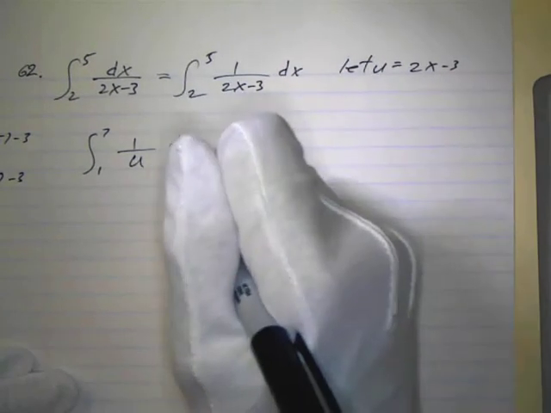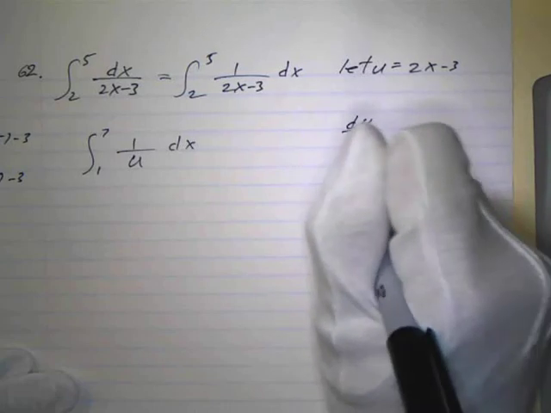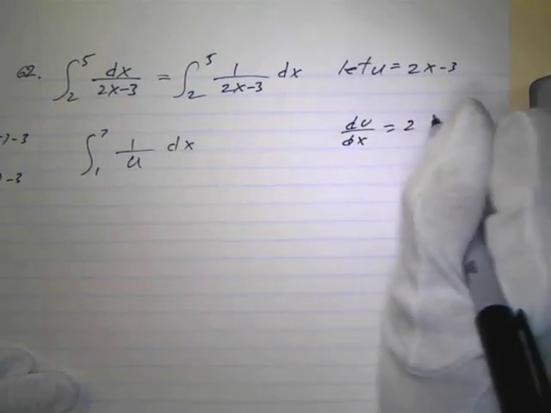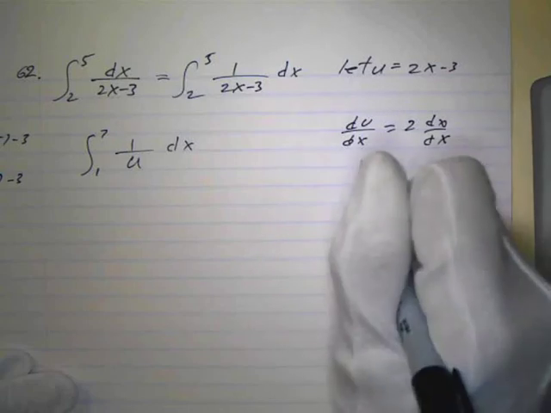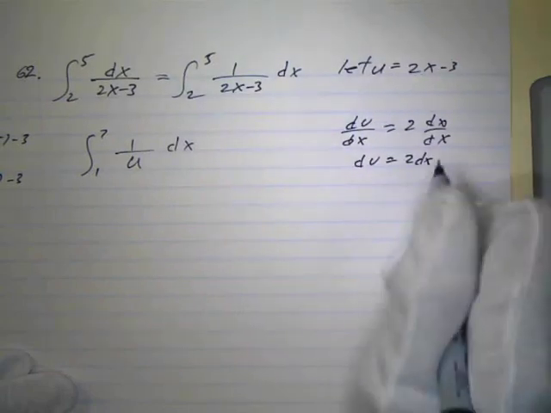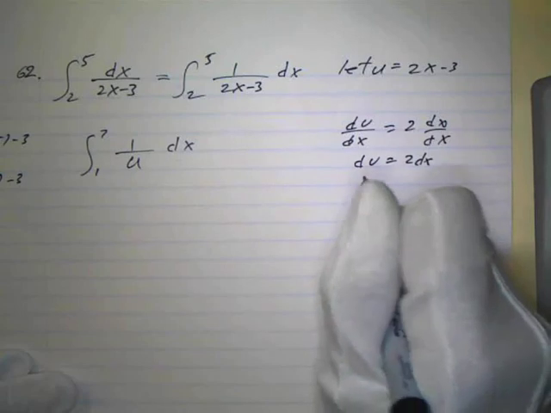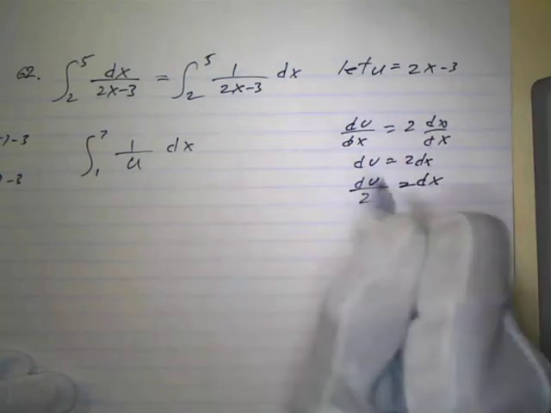Now let's fix this dx. So it's a du. So du dx equals 2 dx. That's 1. Move the other one over. So we have du equals 2 dx. So I get du divided by 2 equals dx. And there's my match.